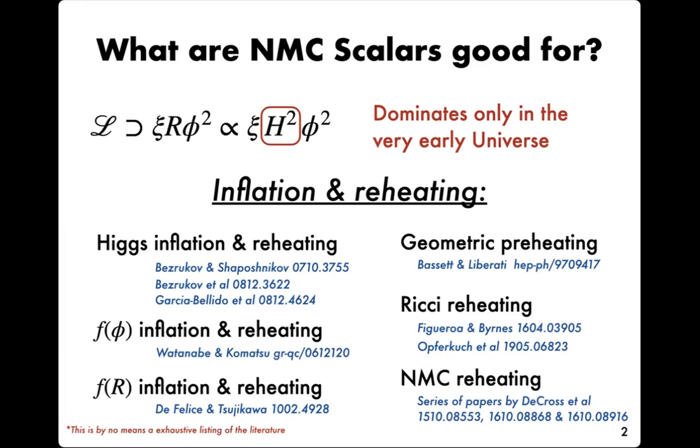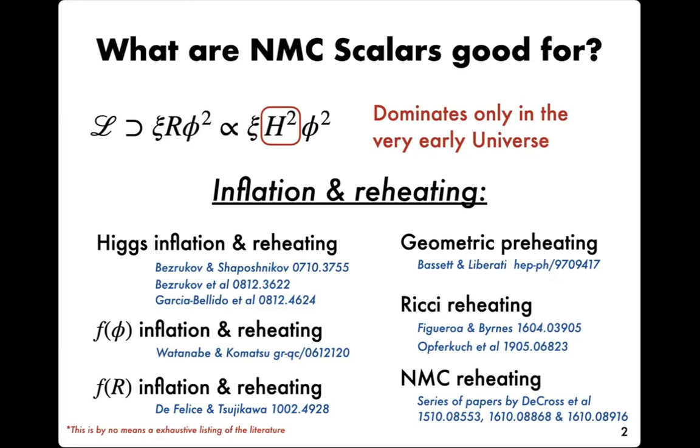So out of all these papers that I've collected below, these non-minimally coupled scalar fields basically play a number of roles. On this left-hand side, if you take the standard model Higgs field and you non-minimally couple it, then what this gives you is a new degree of freedom in the Higgs sector to essentially change the behavior of the Higgs field at large energies.